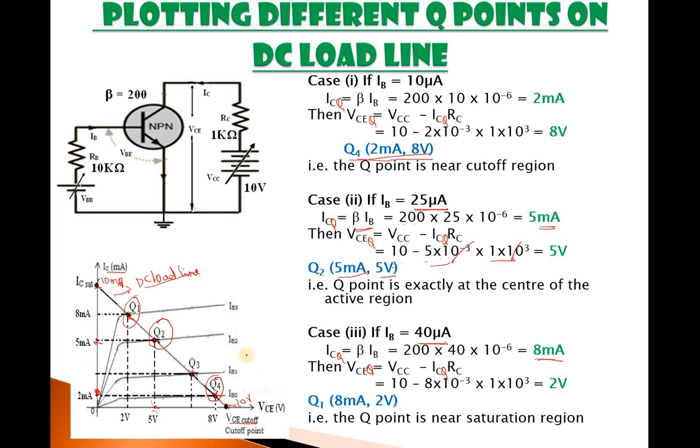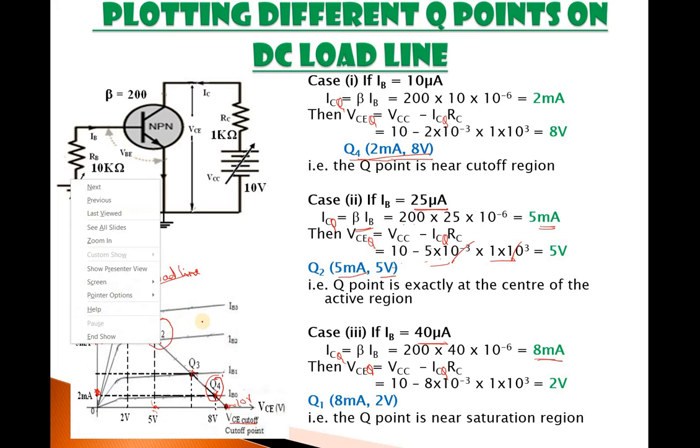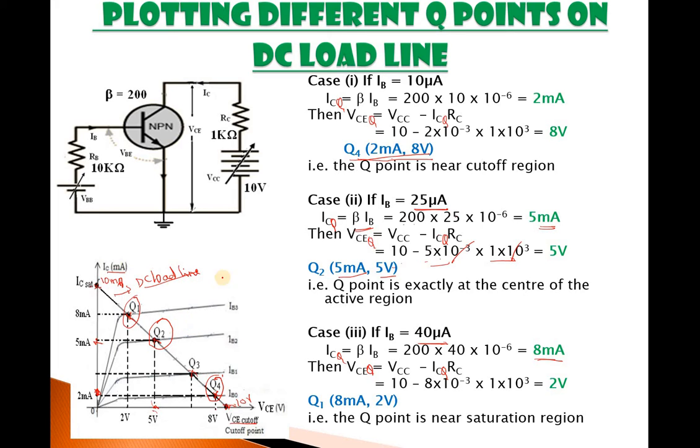That means I can come to a conclusion here: Q4 is near cutoff region, because this is the cutoff region. Q1 is near the saturation region. Q2 is exactly at the center of the active region. Hence, by selecting RC and VCE with the help of beta, I can design the Q point.